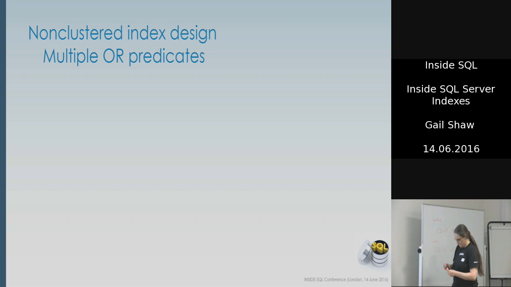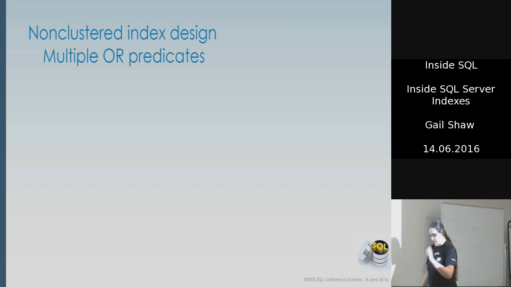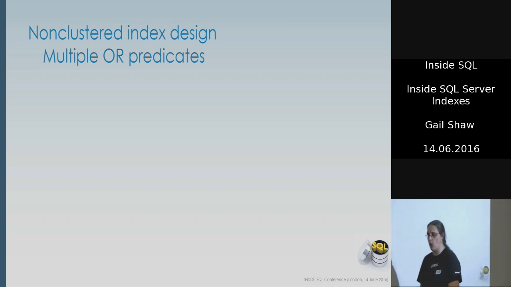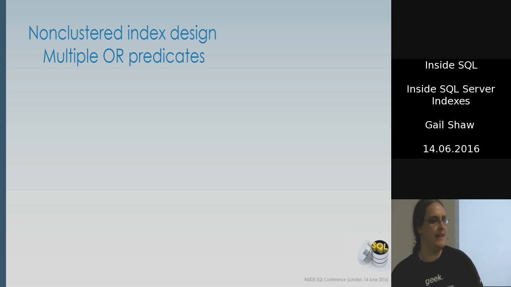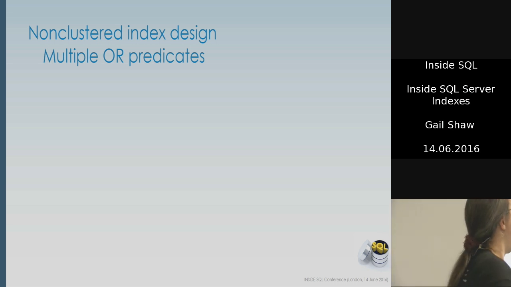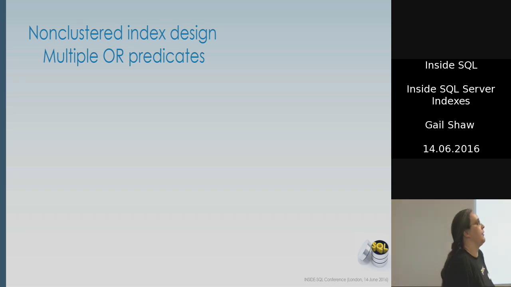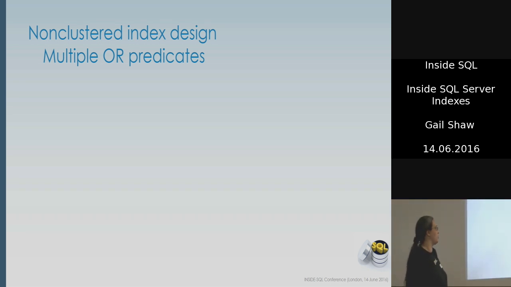Okay. That's fun. Because the indexing rules for those two are completely the opposite. For the first one, with the AND predicate, I want one index, because SQL does not like seeking on two indexes and doing an intersection, because intersections are expensive operations.